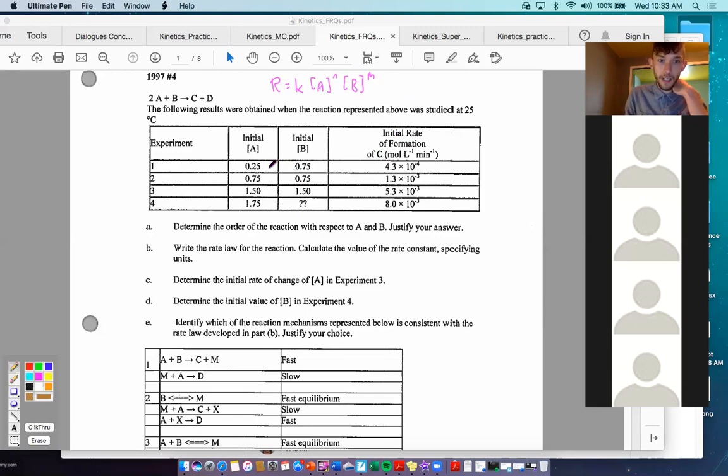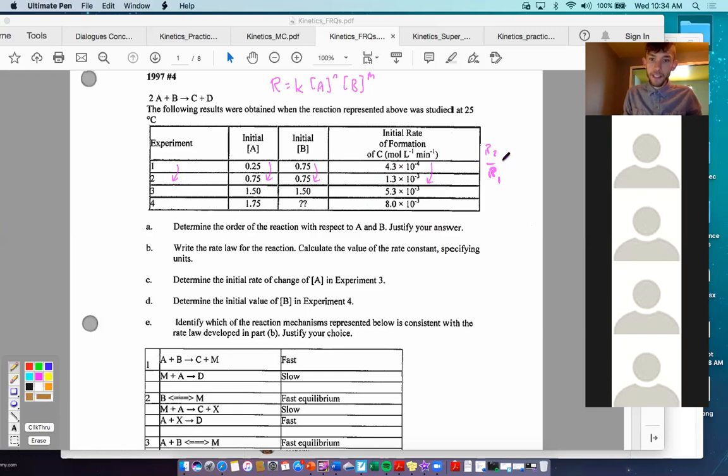It looks like from experiment 1 to experiment 2, B has stayed the same. A has tripled. What has happened to the rate? Really simple. If I divide the rate of 2 by the rate of 1, that will give me a ratio. I know that we've done these examples in the past, but we want to get on to some new parts of this question.